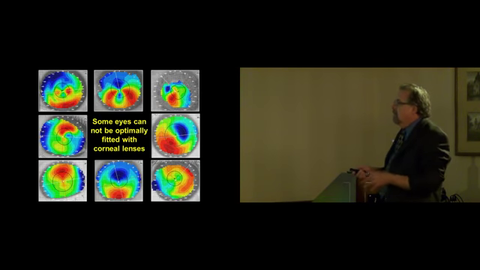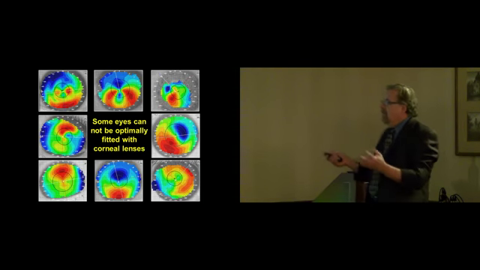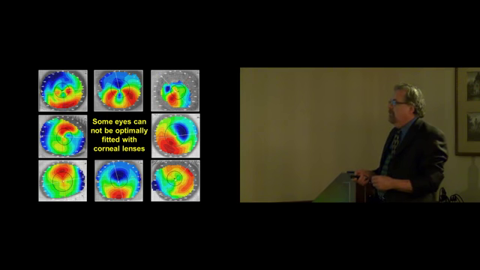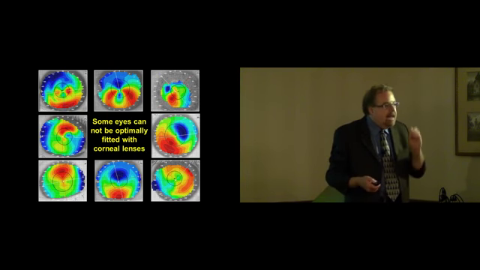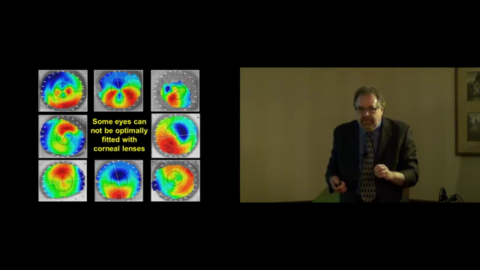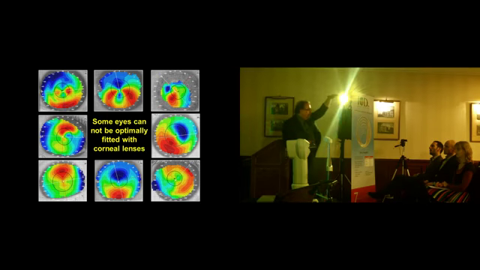Now let's take a look at these topographical maps. Here we see a wide range of corneal topographies, and some of these eyes obviously cannot be adequately fitted with a corneal contact lens because of that differential in high versus low spots.